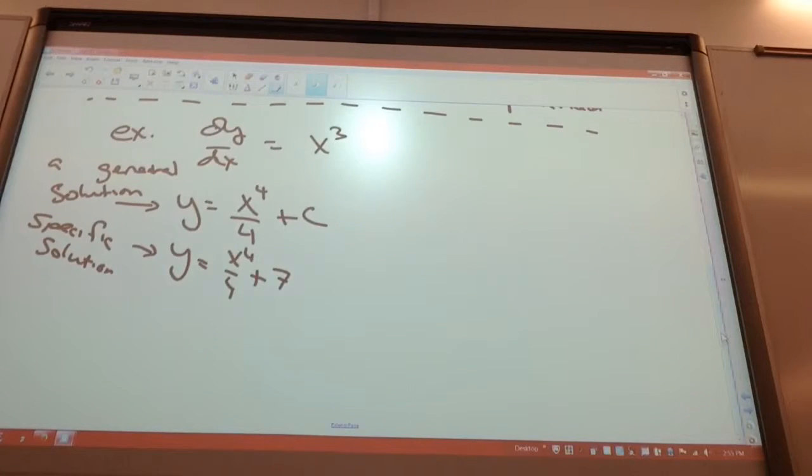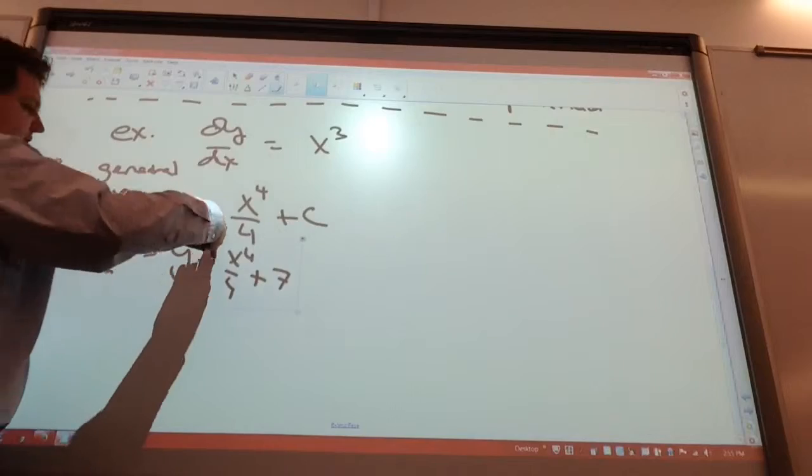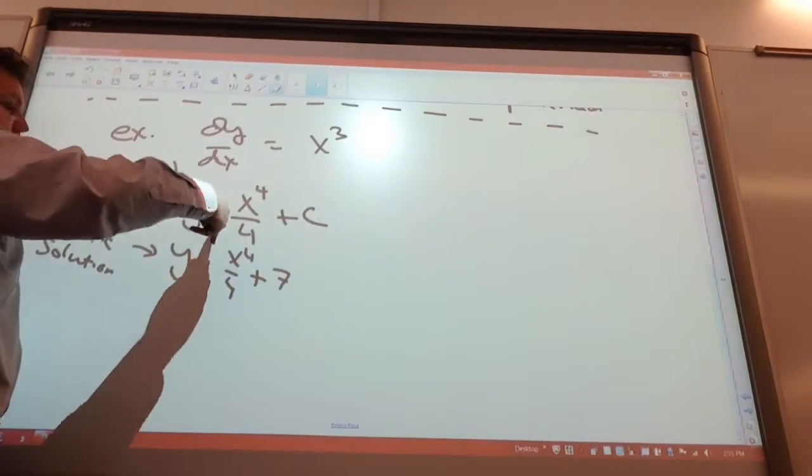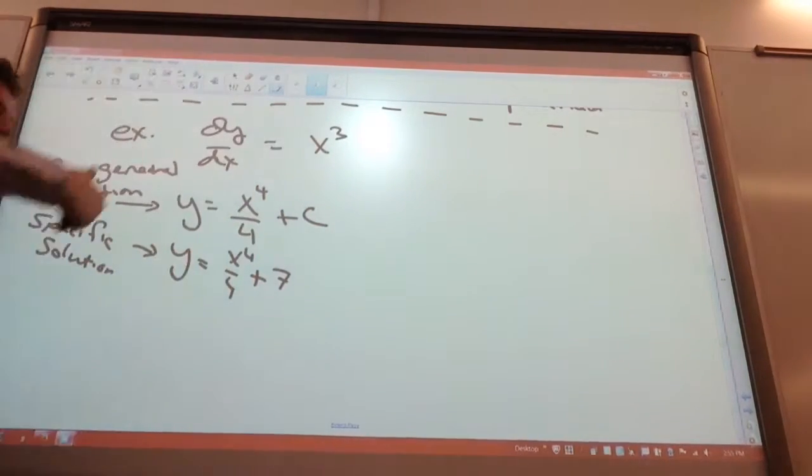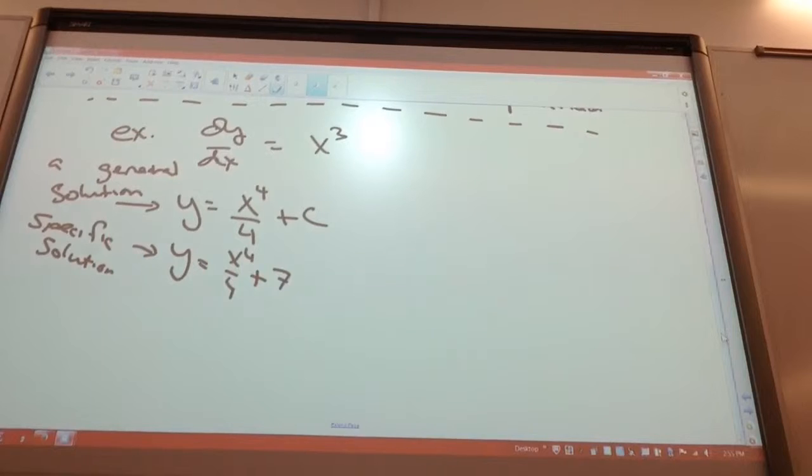We can go through and find other specific solutions as well. If I took the derivative of both of these, they would give me x cubed, our original differential equation. And so that's what we talked about with specific solutions.